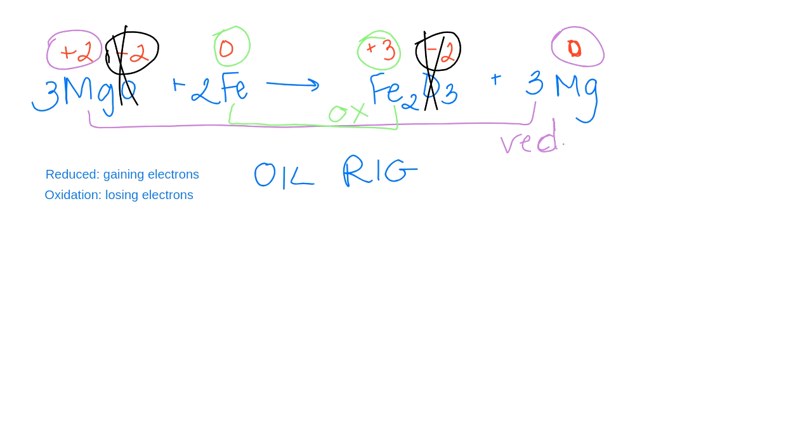We did reduction first, so let's just do that one again. For reduction, we're ignoring the oxygens. So I'm starting with 3 magnesium ions, and I'm going to be making 3 magnesium solids.